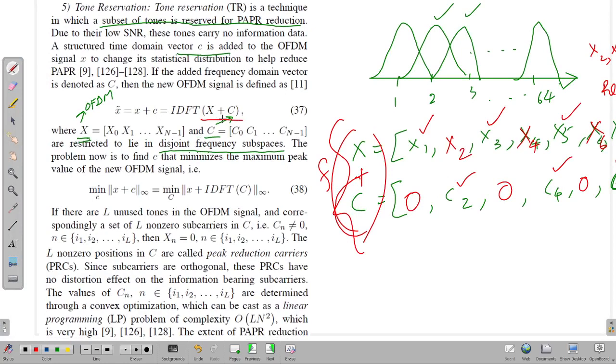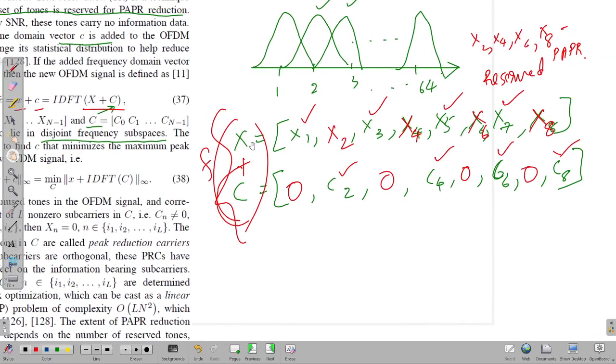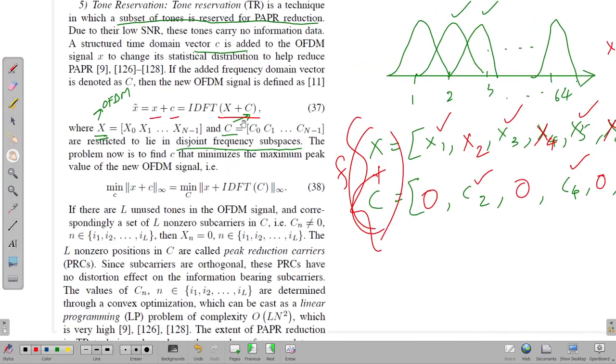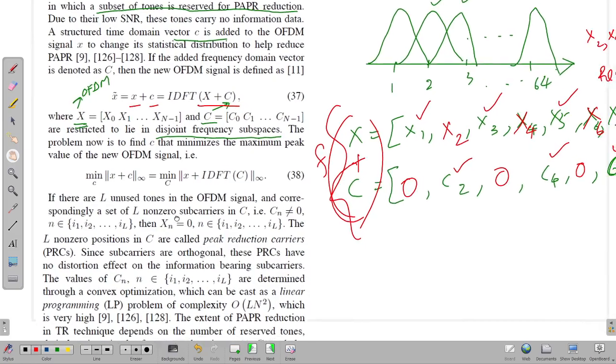You get the equivalent time domain signals X and C. Even though C and X lie in disjoint frequency spaces, C doesn't interfere with any of the data of the original symbol set X. You can very well see that in time domain, C will have its subcarriers extended in order to reduce the PAPR.